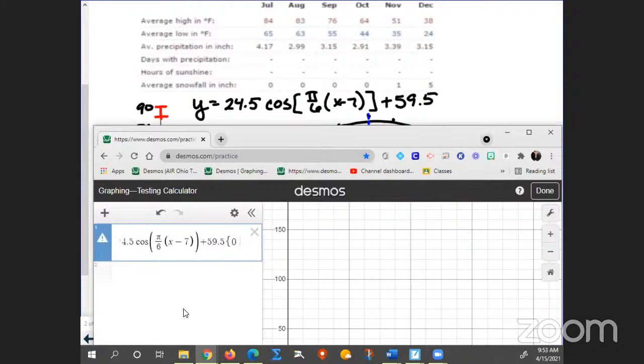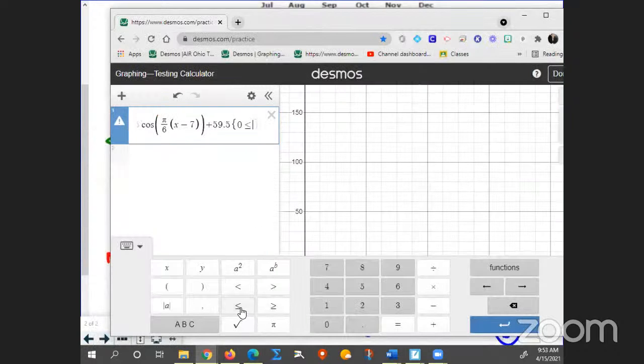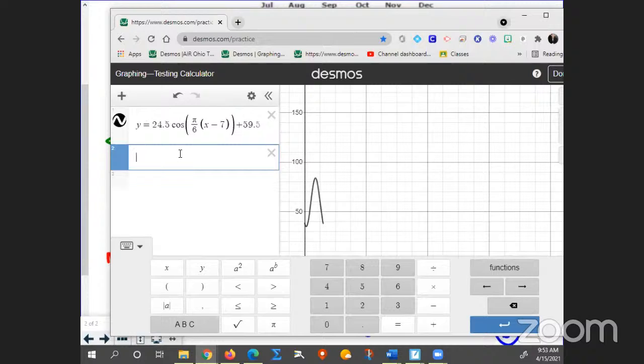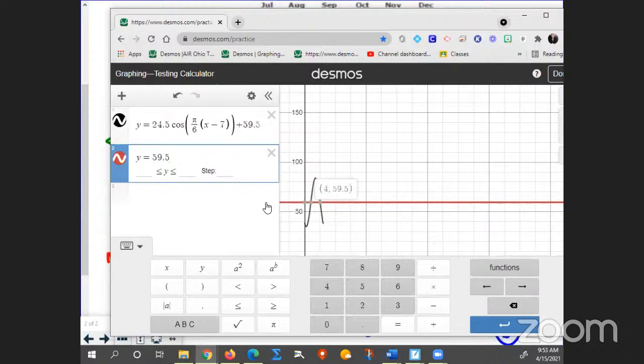Then I'm going to put x, 12. And now you'll see this, okay? There is the graph right there. Let's actually put in y equals our midline of 59.5. You can see that right there.